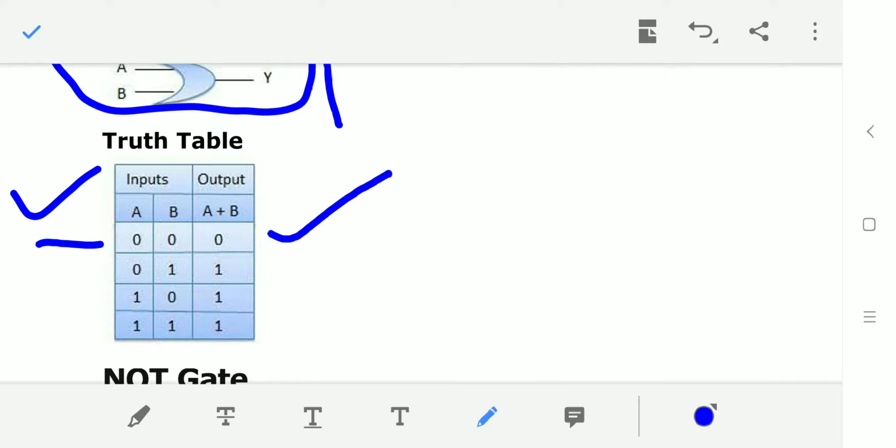If any one of the inputs is true, then output will be true. If both inputs are true, then output is also true. It means that in the OR gate, if both inputs are false, then output will be false, and for other cases it will be true.